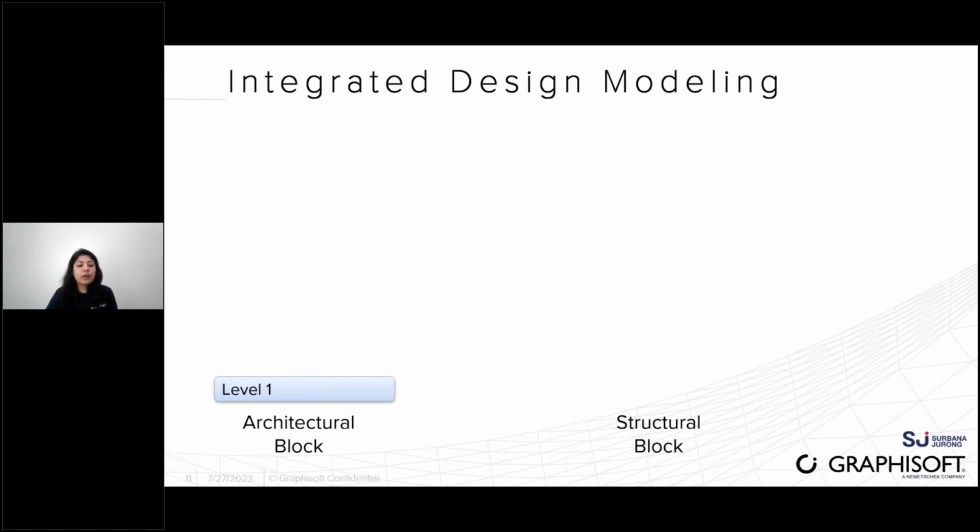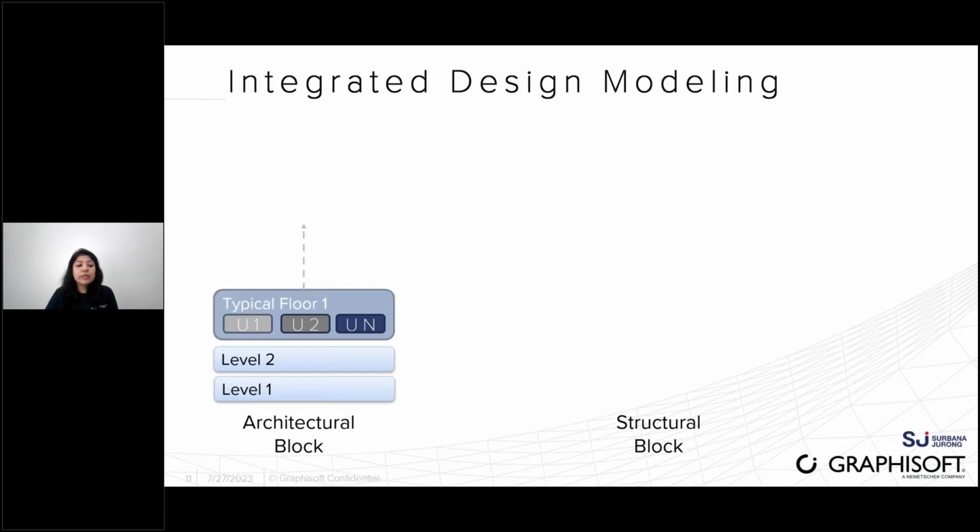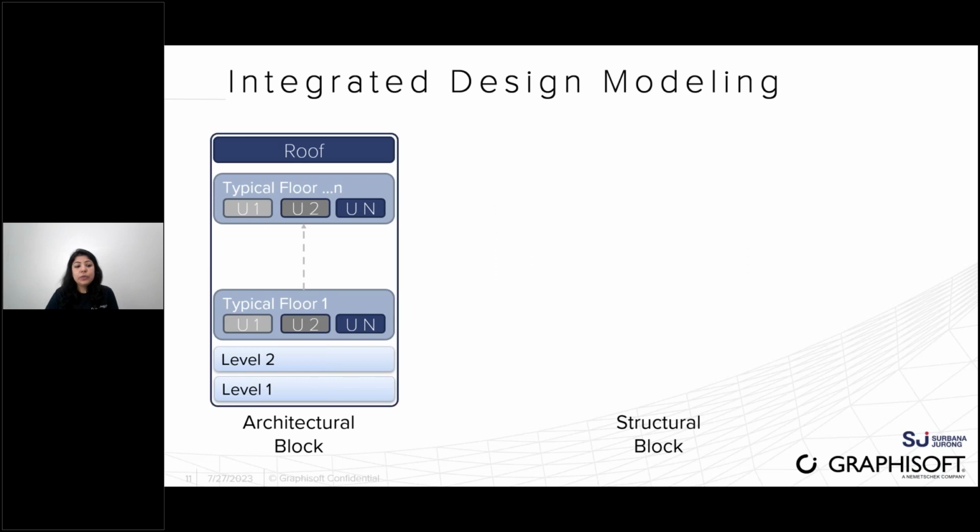Within architectural teams, they would start by developing their non-typical levels first, going on to the units, and those units will then form a typical floor, stacking them up to form a block, adding the roof to it, and that will give you the entire architectural block, and then you can move on to generate your documentation from there.